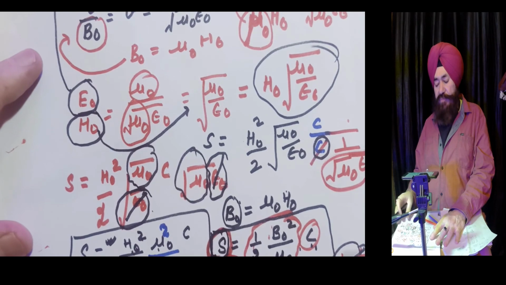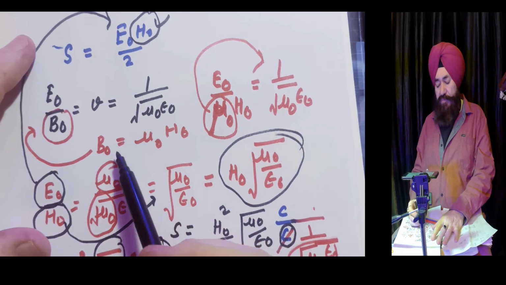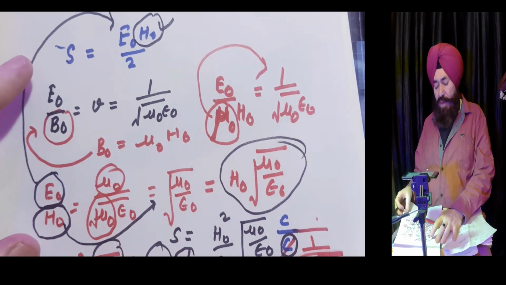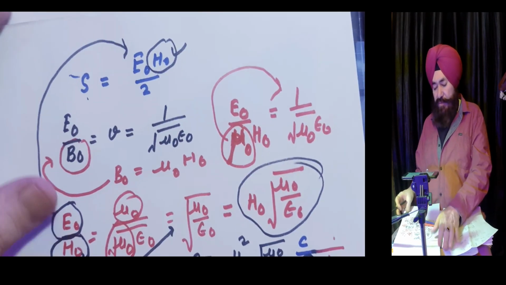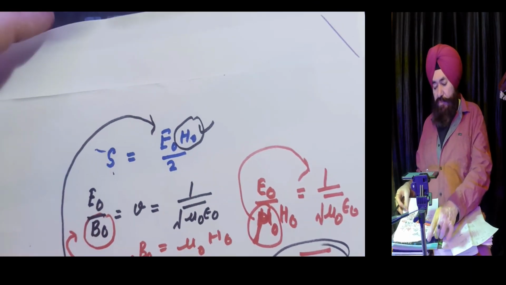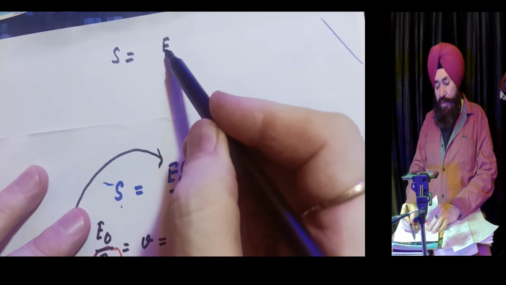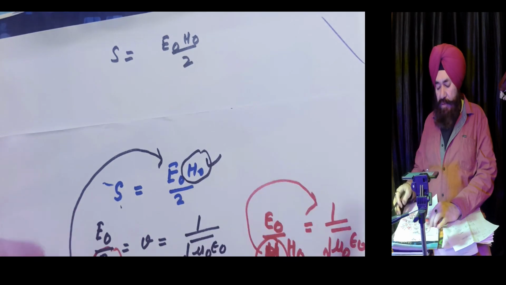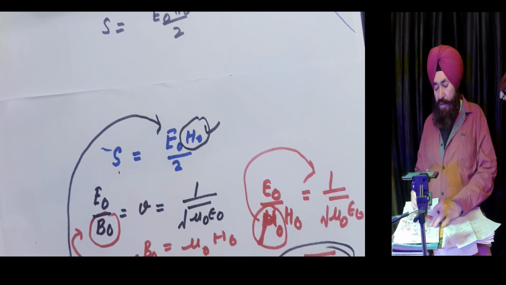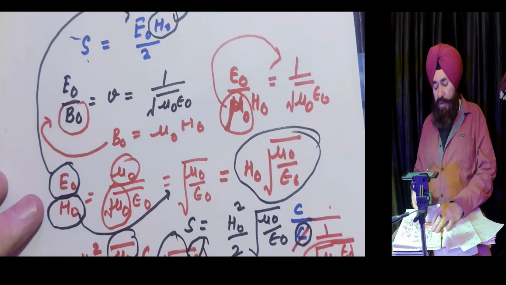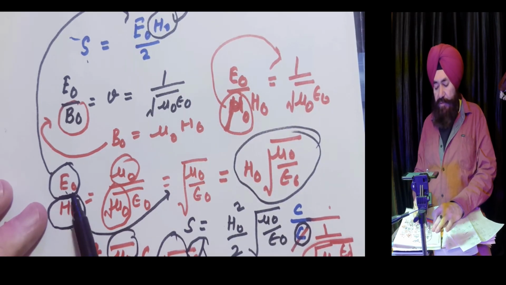Now similarly, again this is S. Again write S, E naught H naught by 2, and here I calculated E naught upon H naught.